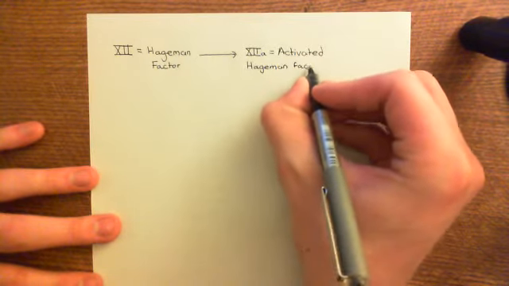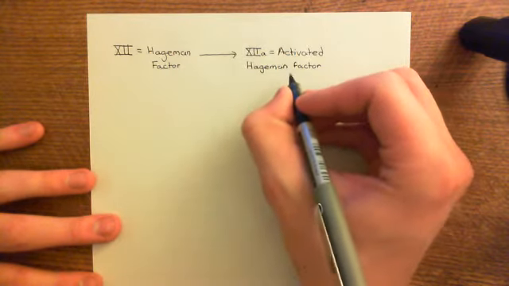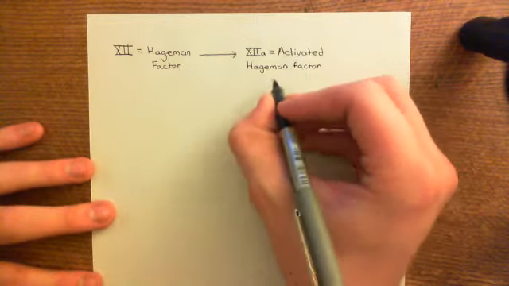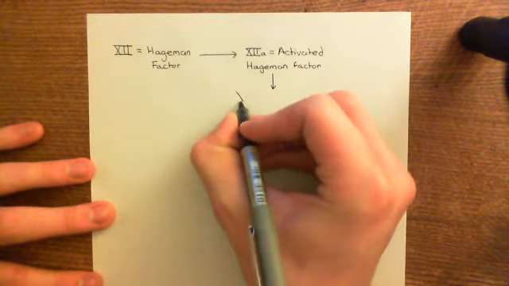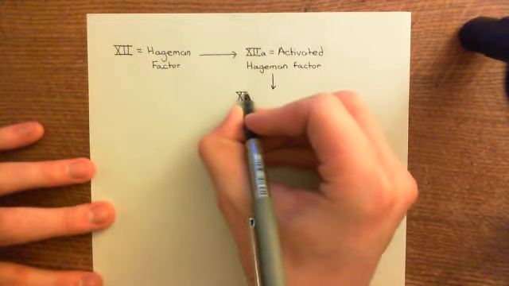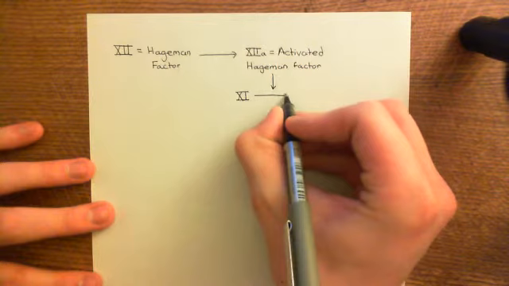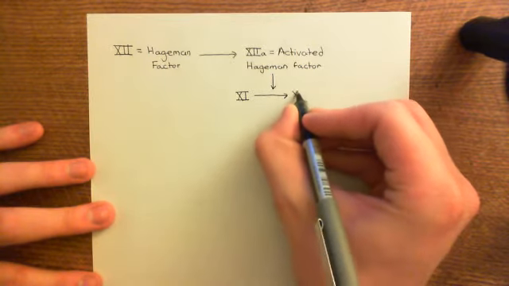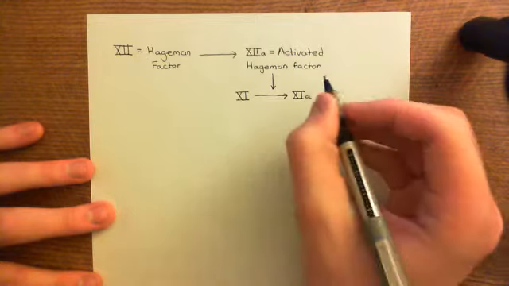Now, what is the activated factor 12 going to do? Well, basically, it's going to activate another coagulation factor. So another coagulation factor which is in the blood is factor 11. Okay, so the Roman numeral for 11 is an X with a 1 after it, and this will be converted to 11a basically. So 11 is a normal component of the blood.